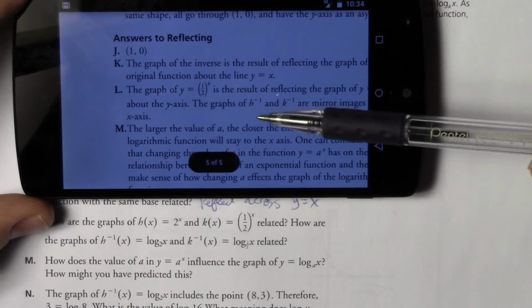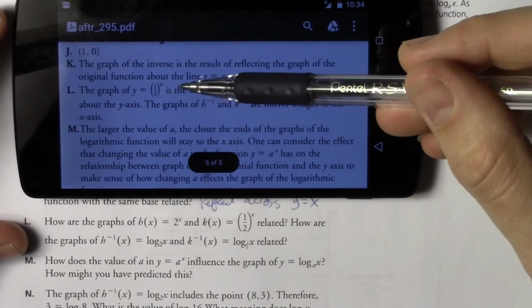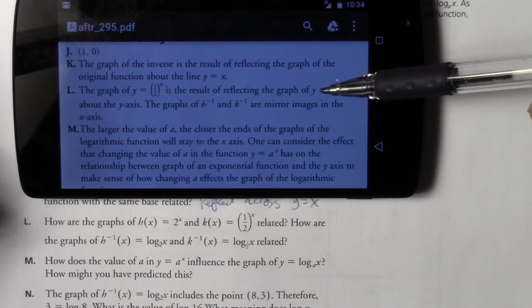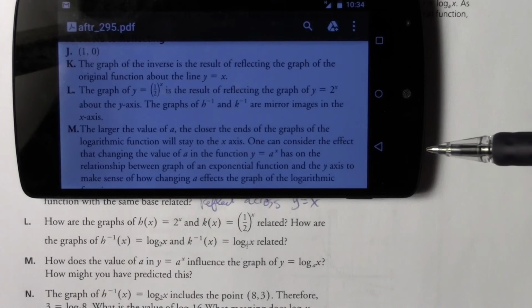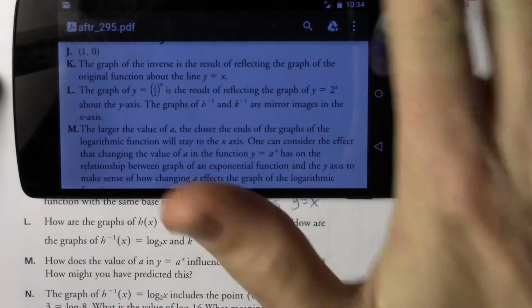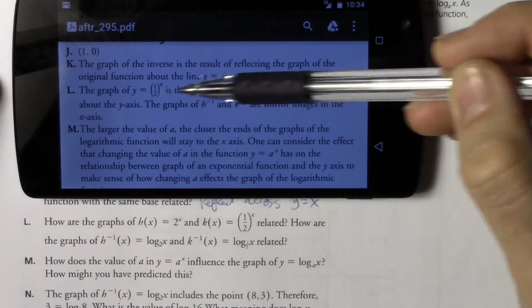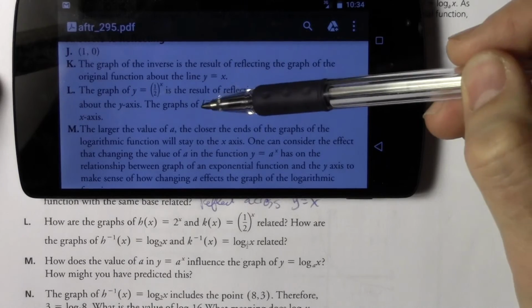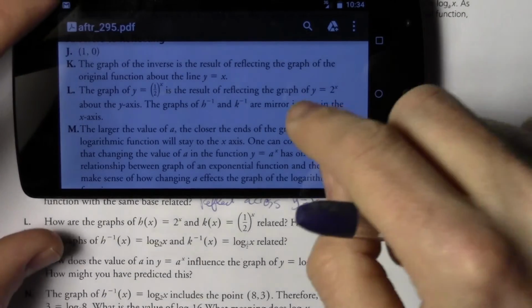So the graph of y equals 1/2 to the exponent of x is the result of reflecting the graph of y equals 2 to the exponent of x about the y-axis. So there's a reflection across the y-axis when we have the reciprocal base.